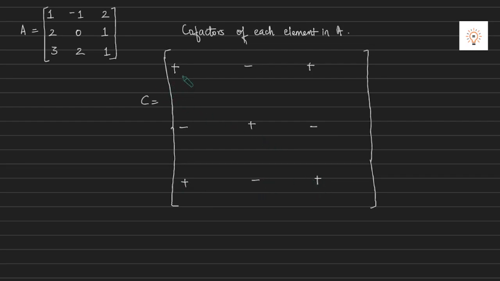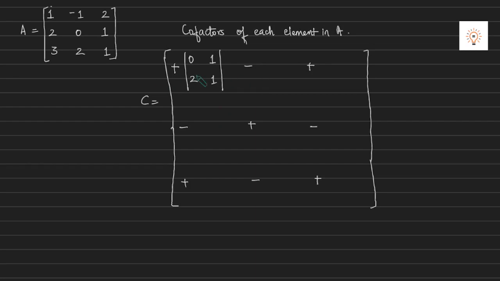The steps to finding the cofactors of each of these elements remain the same as we did in determinants. Like we did for this one, we ignore the row and the column, and put what is left here. When I ignore the row and column for that element, I get 0, 1, 2, 1. Please note that I am not putting this 1 here; this 1 is not taking its place. I'm just ignoring the row and column and putting the remaining elements in determinant form.